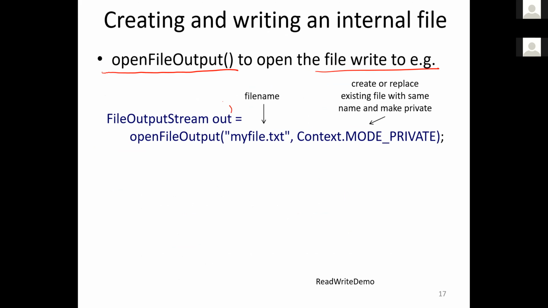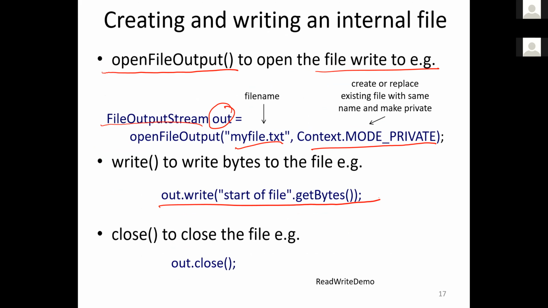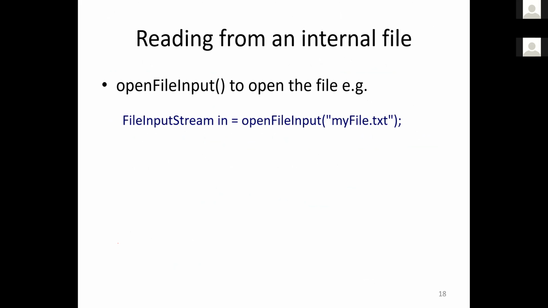The name of the object is out. We are using file output stream. This is the name of the file. The mode is private. And now we can write the data, from the start of the file, and then once you are done, you close it. So that was the idea.